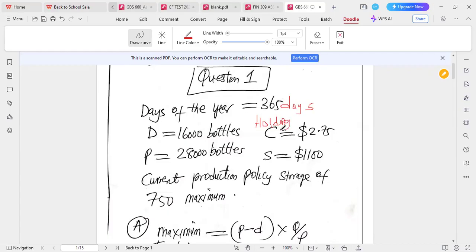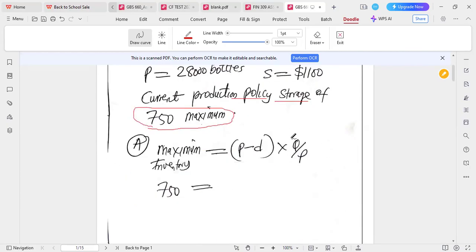And then the setup cost is 1,100. Annual production is 28,000 bottles. Then the current production policy, storage of 750 bottles, that's the maximum. So we need to find what our Q is using a maximum inventory formula.